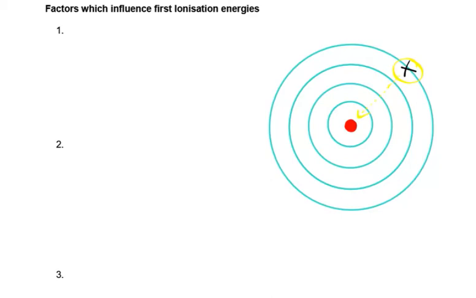So number 1, well, it's the nucleus which contains the protons, and it's the protons which are attracting the electrons. So factor number 1 will be the number of protons. So the more protons that we've got, the greater the attraction. Number 2 is going to be the number of shells I've drawn.